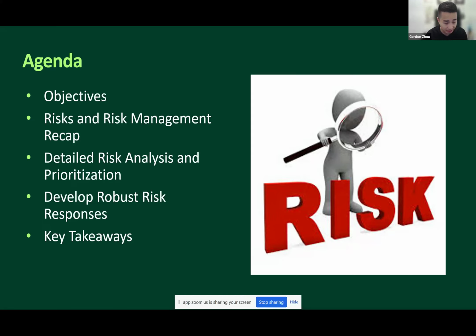The key takeaways today you can use immediately. I'm hoping there are a lot of key lessons learned, and I'm also providing you with some tools that you can use right after going through this asynchronous lesson.